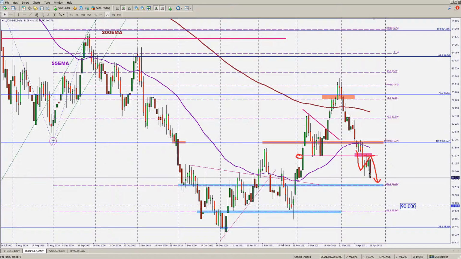That's the falling three methods there, and it could attempt to target the 138.2 Fib extension. It all started from the breakdown from this swing low here, and where the 55 EMA was.